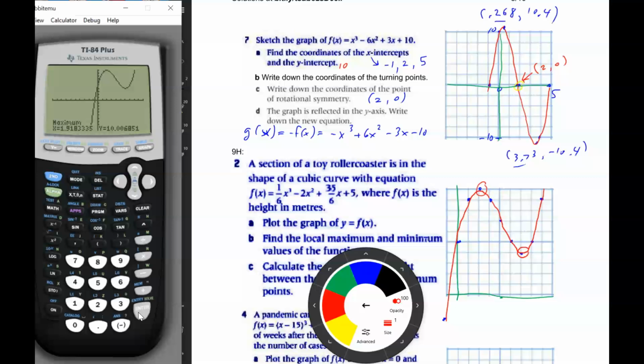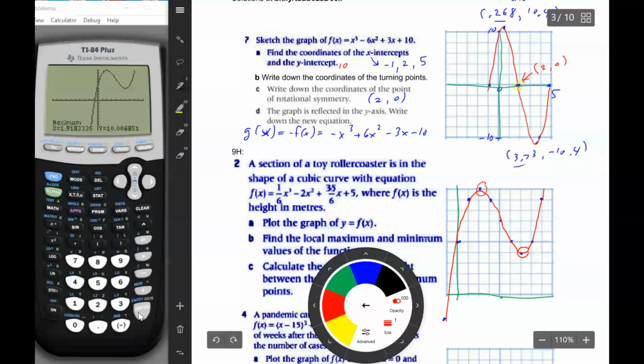Okay, so it's a good thing I tested that. So the maximum point is actually right here, and the maximum point is 1.92, comma 10, 10.0. Okay, 10.00. It's slightly more than 10.0.